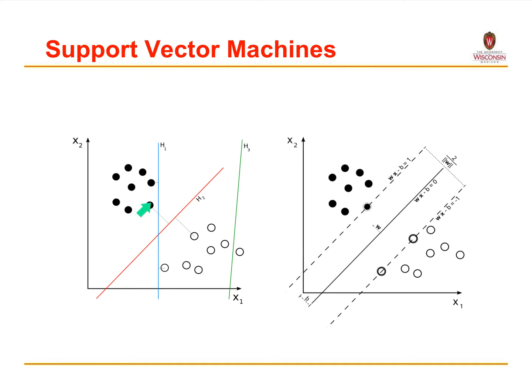But it's much better if we use the line H2, so that we can maximize the distance between the boundary and the data points, and this allows us to build a model that is less ambiguous. So we have a large margin. We're enforcing a large margin between where we're drawing the boundary and the nearest data points. Okay, so that's simple enough, and that's basically how linear support vector machines work.